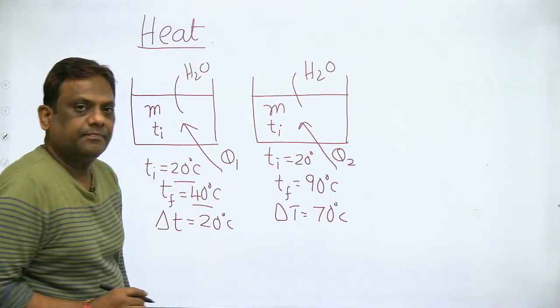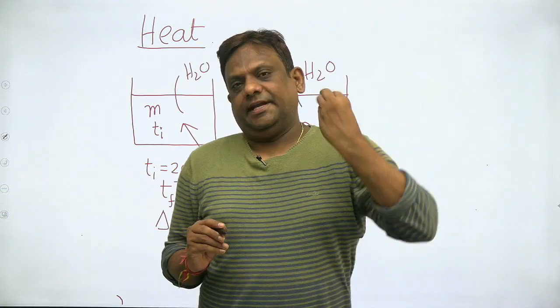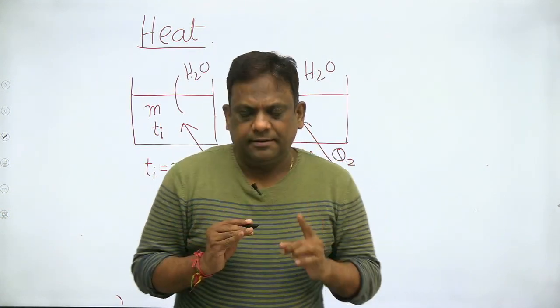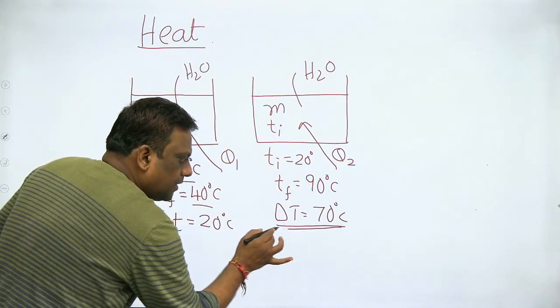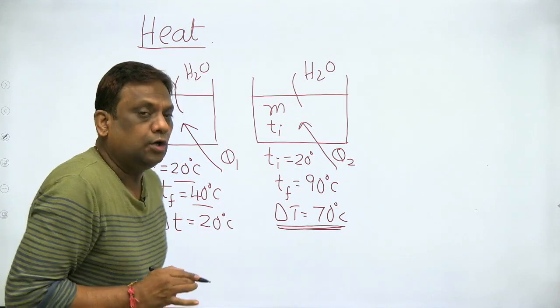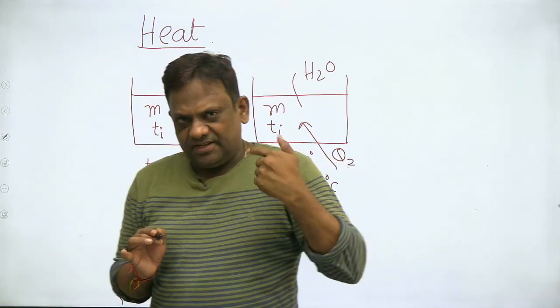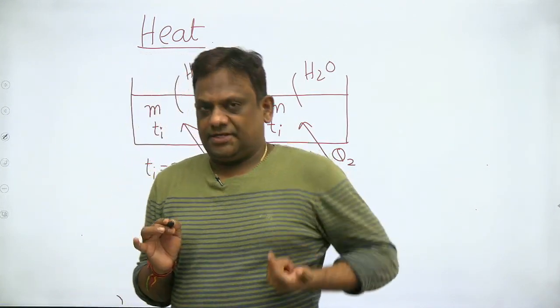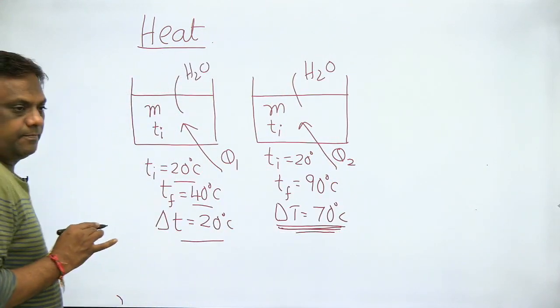Now the question: in which case do you have to supply more heat? Obviously, where you want more temperature difference, you have to supply more heat. More temperature difference, more heat.